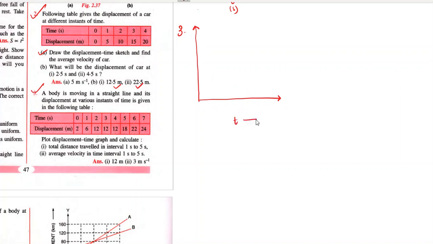This is your time axis. This is your displacement axis. The time is 0, 1, 2, 3, 4, 5, 6, 7. The displacement is from 2 till 24. So we have to draw a little bigger graph. Let me just make it a little bigger.